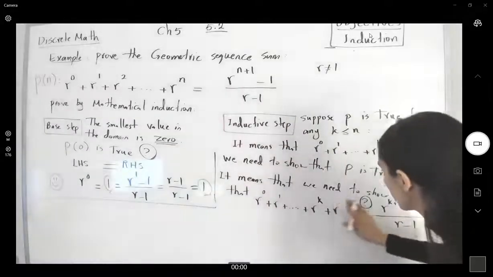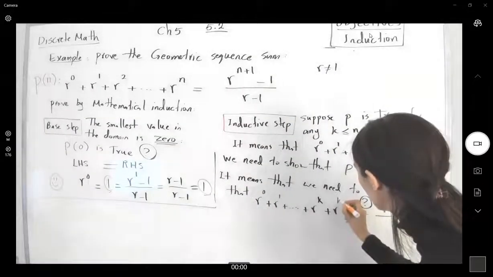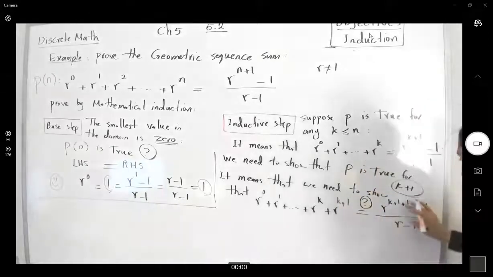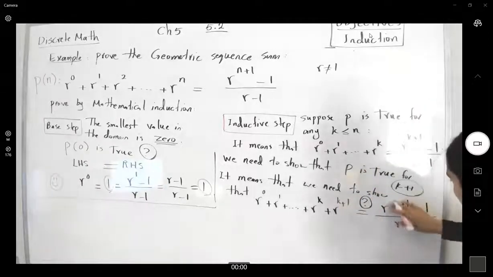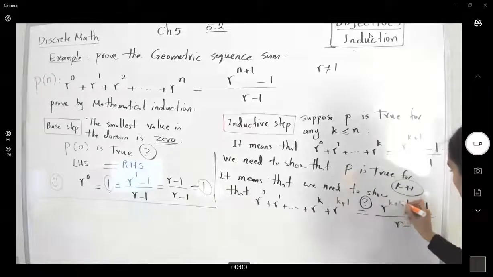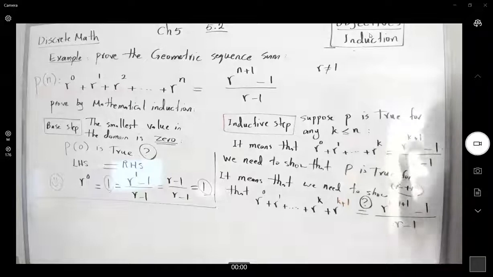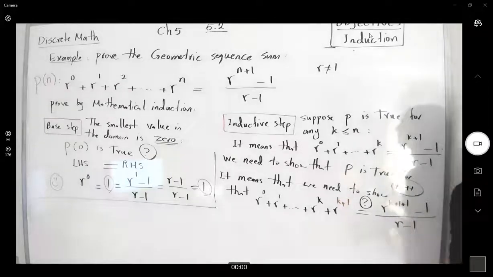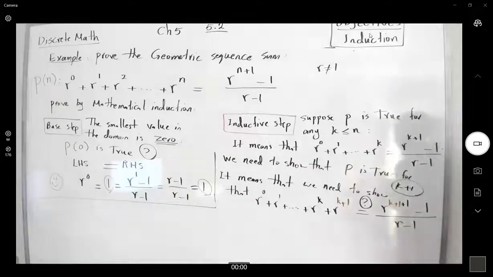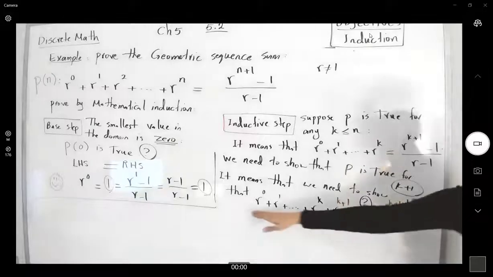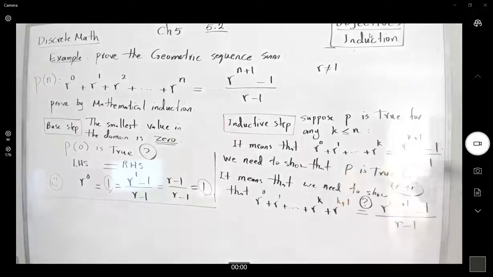So let me use a different color. You see I'm trying to prove this for k plus 1. I'm changing k into k plus 1. It means that wherever I see k, I replace that with k plus 1. And I'm putting a question mark here because I have a left-hand side and a right-hand side.